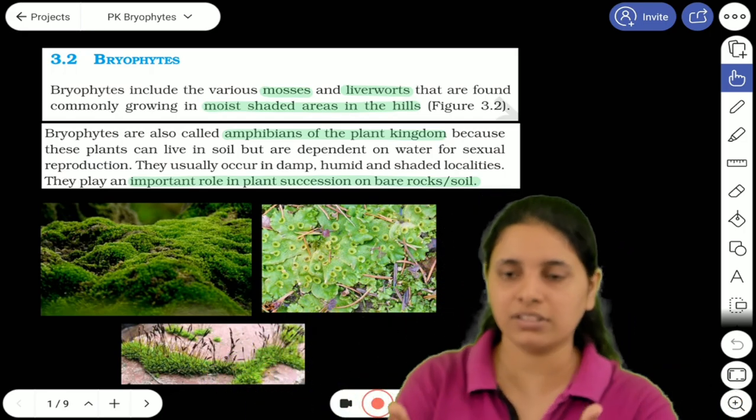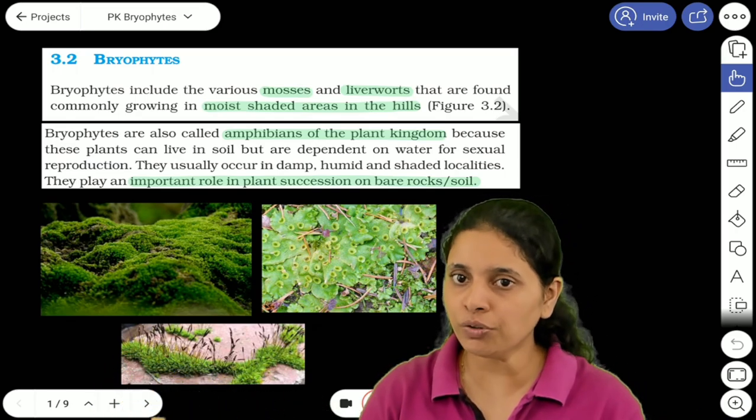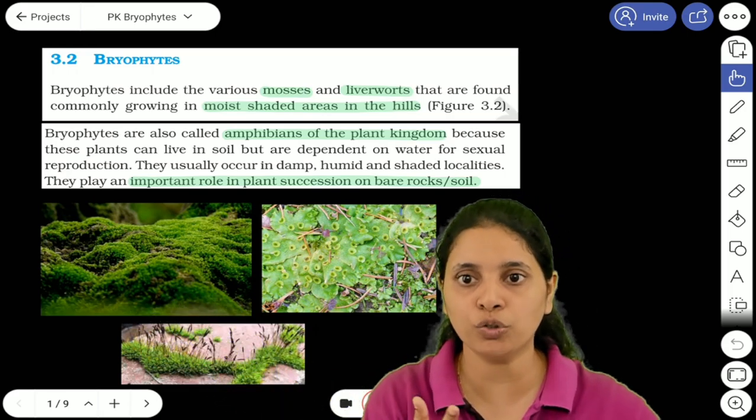Let's say you have some bare rocks, big rocks. Eventually, in the process of weathering, these rocks will be converted into soil.